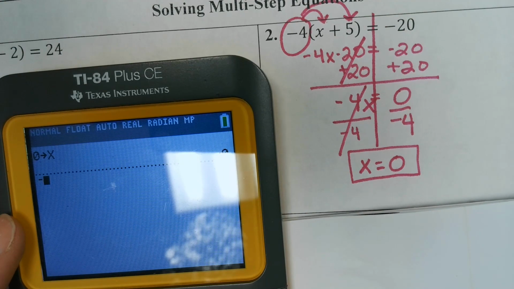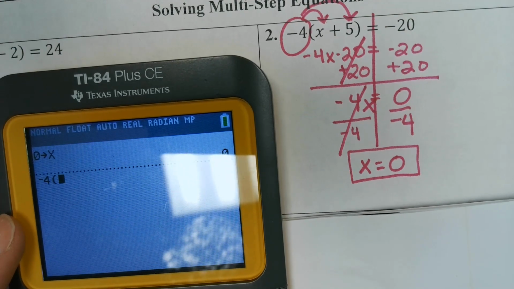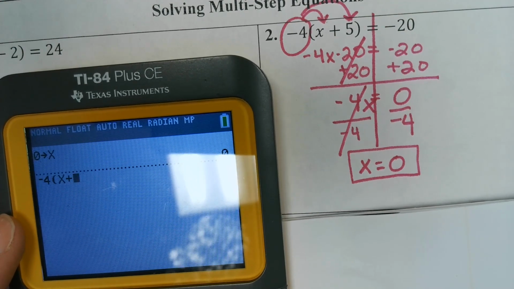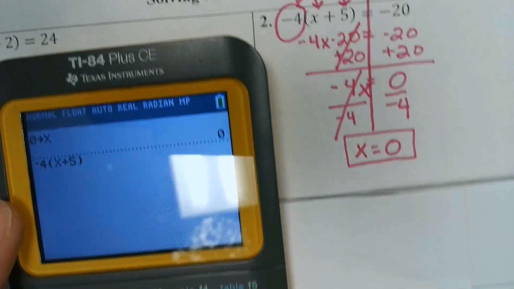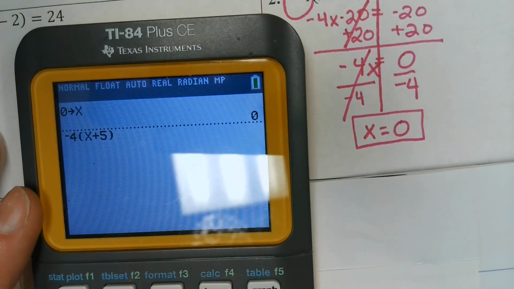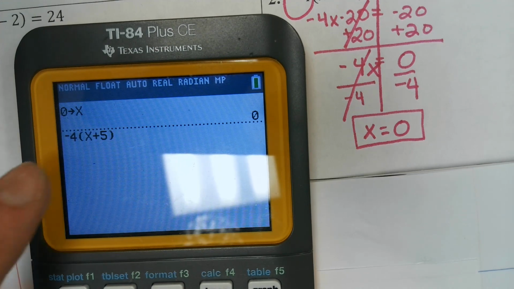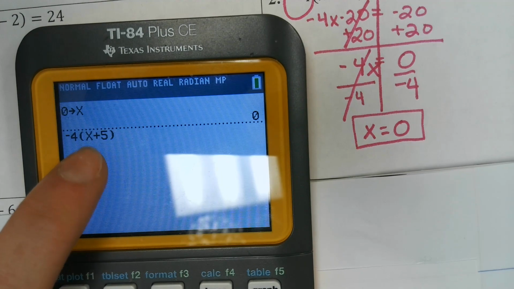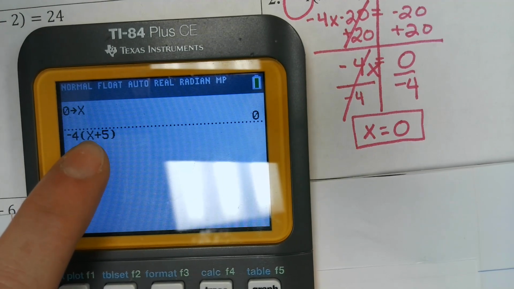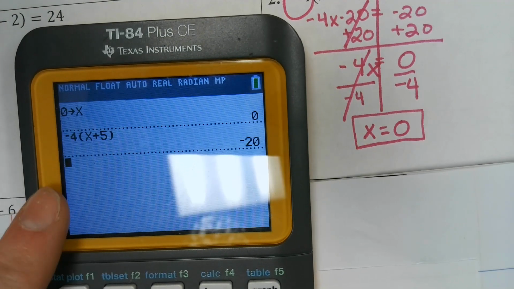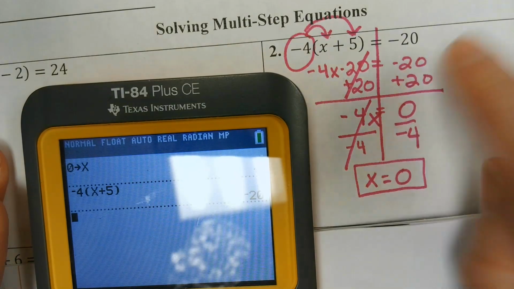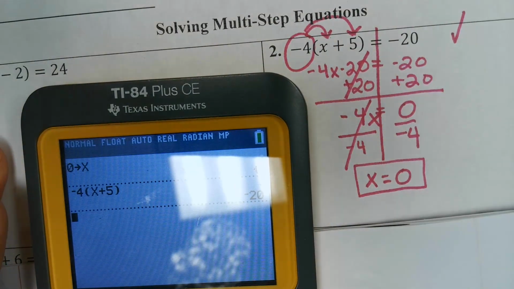So put that in, -4 parentheses, x plus 5, close parentheses. So since I programmed x to be 0, it's going to plug in a 0 here. Push enter, and it equals -20, so that means we did it correctly. We checked it off.